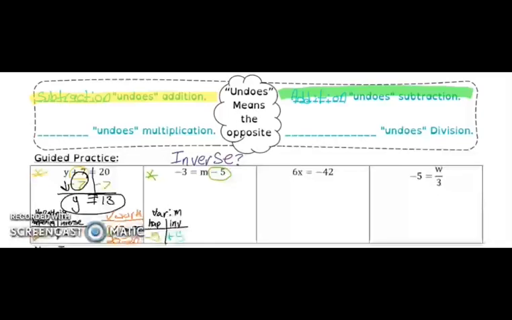So this minus 5 is already in our problem. Done. Let's draw our line down the middle to remind us that what we do to one side of our equal sign, we have to do to the other. I'm going to add 5 to my negative 5, and I'm going to add 5 to my negative 3.